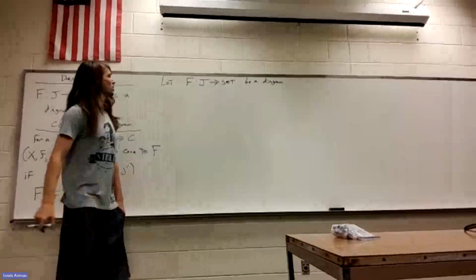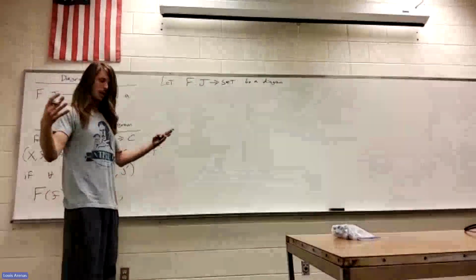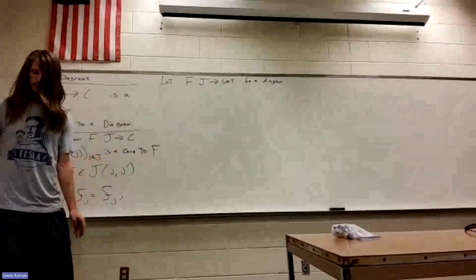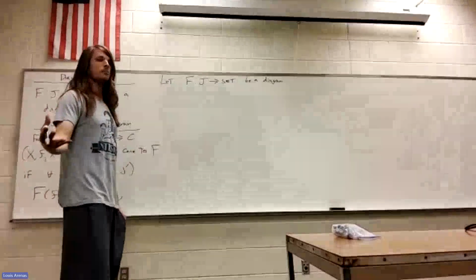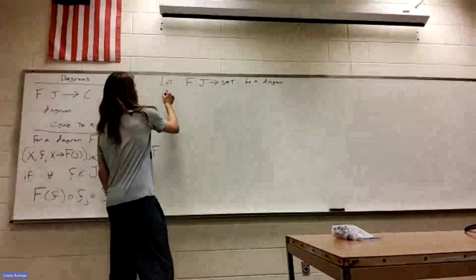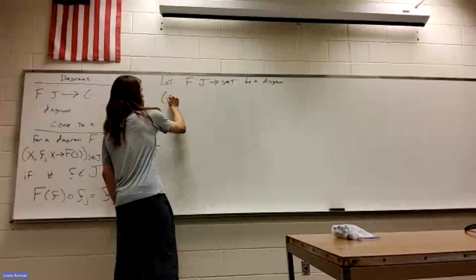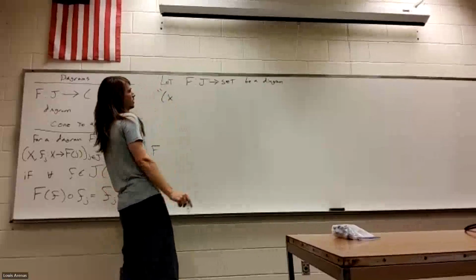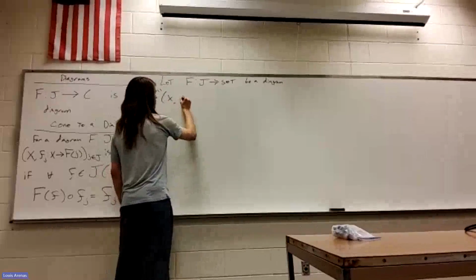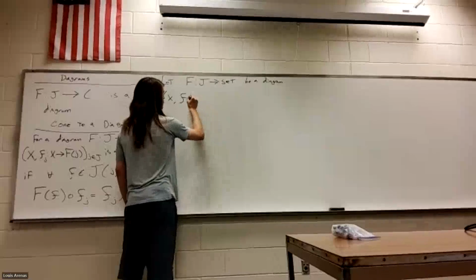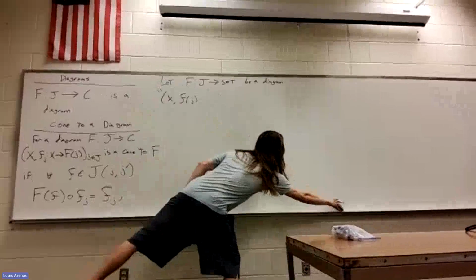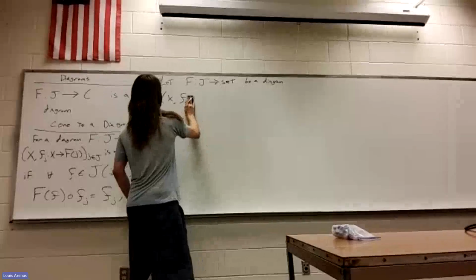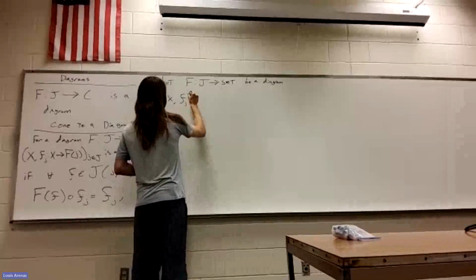Okay. If we just recall our definition of limit, we already know that the thing we're looking for should be some sort of object, together with morphisms that go down to every single one of these guys.